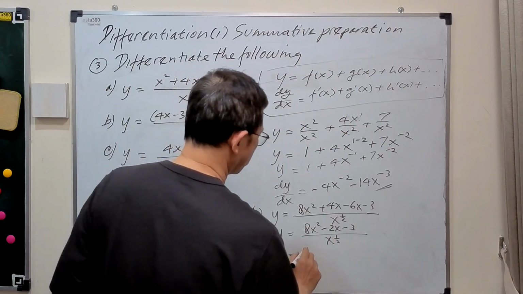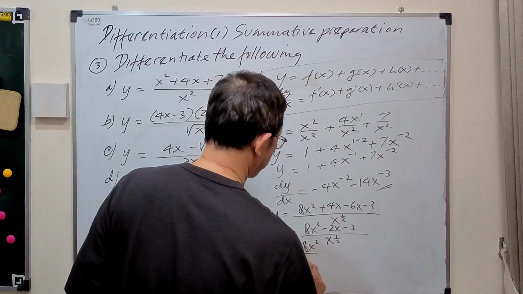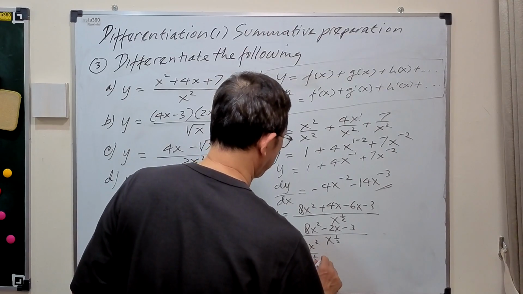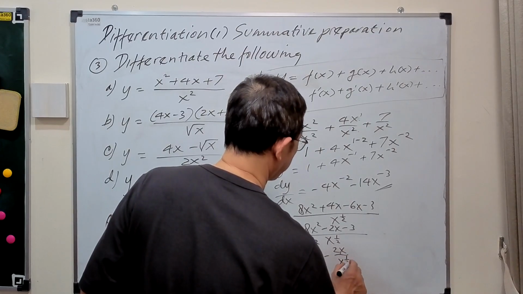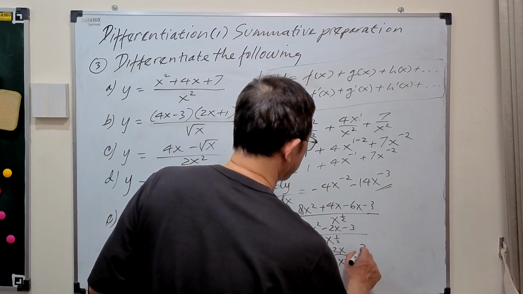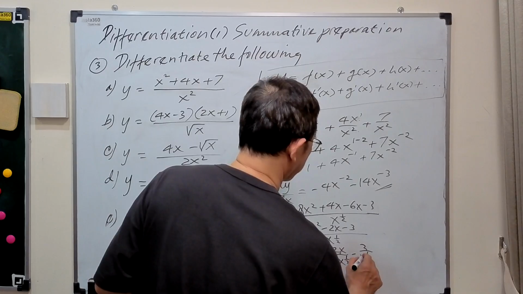So we need to divide every term by x to the power of half: 8x squared over x to the power of half, minus 2x over x to the power of half, and then minus 3 over x to the power of half.